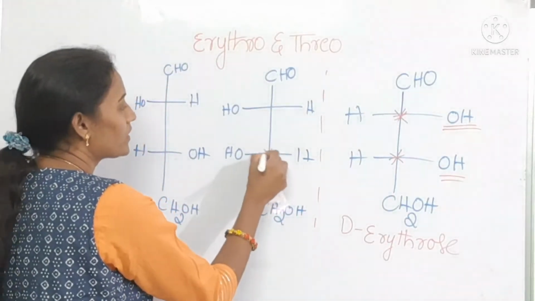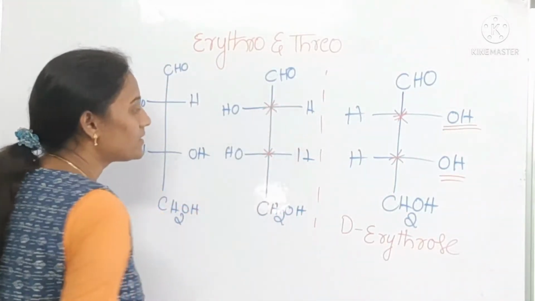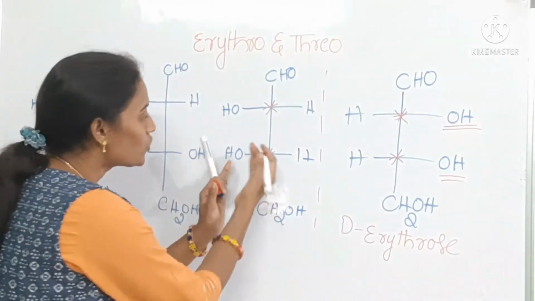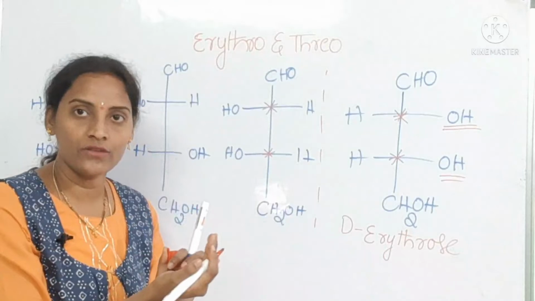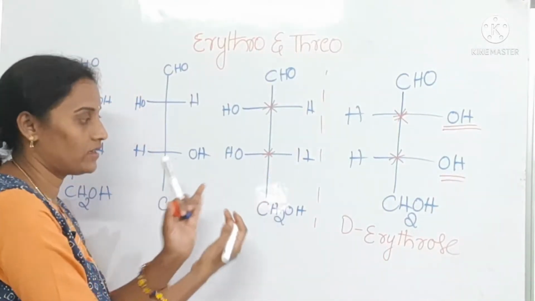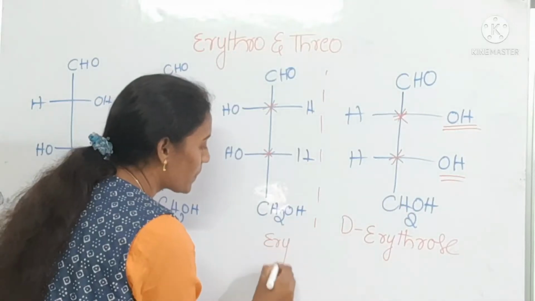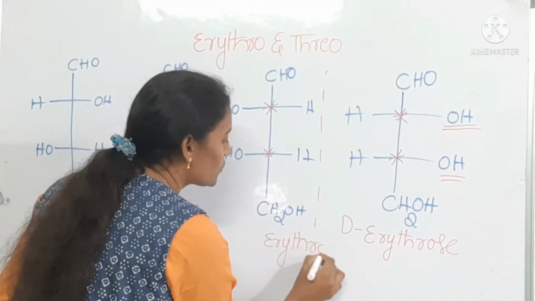See, this is one stereo center and this is another stereo center, students. Here the OH groups, the differentiating functional groups, are present on the left side. Okay, this one is also erythros. Why?